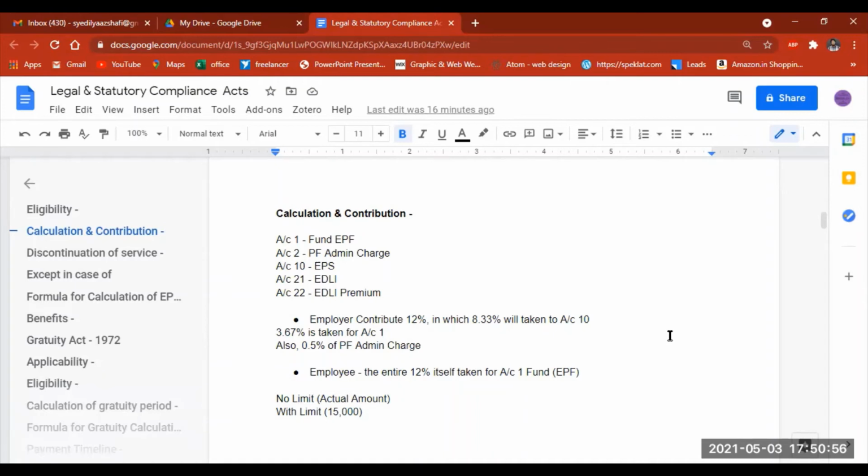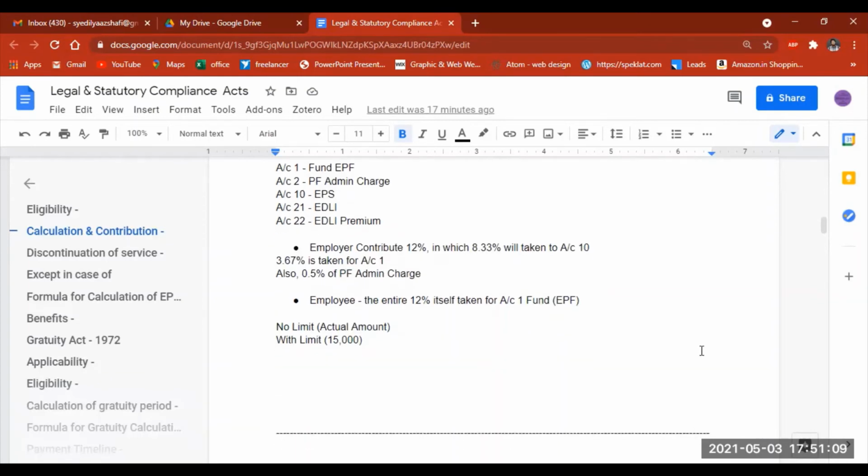For each and every one of these accounts, a certain percentage of the amount is contributed. So that's the thing. Especially when we talk about employer and employee differences, in the case of the employer, he contributes 12 percent, of which 8.33 percent is taken to Account 10, the Employee Pension Scheme.